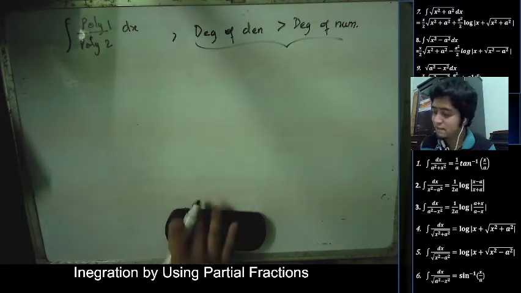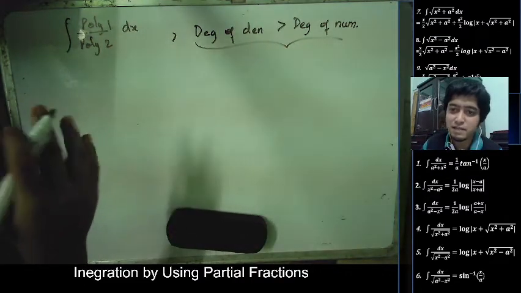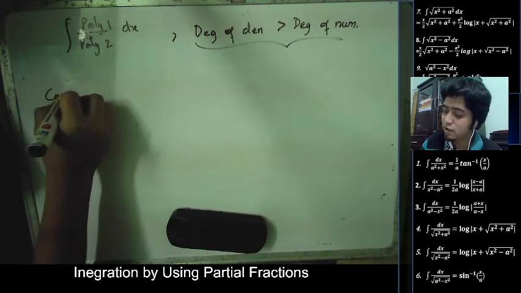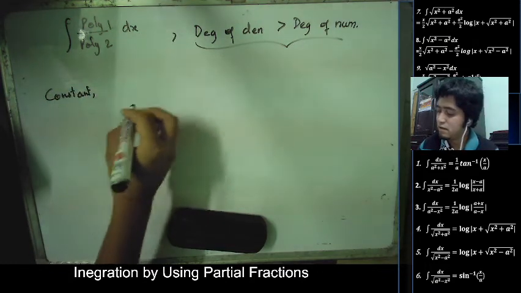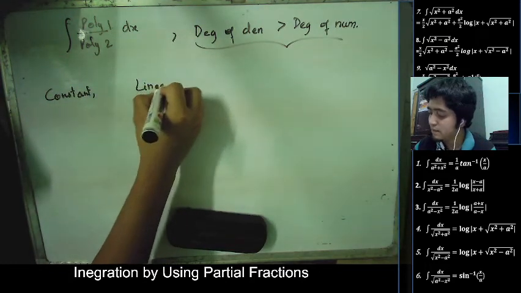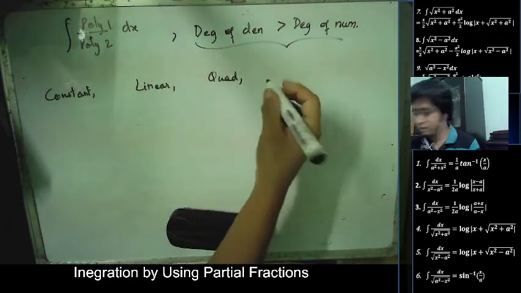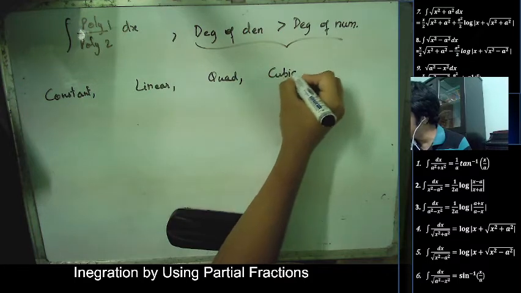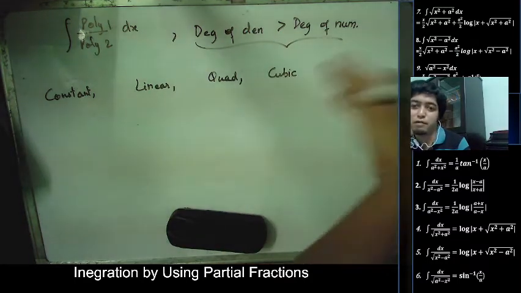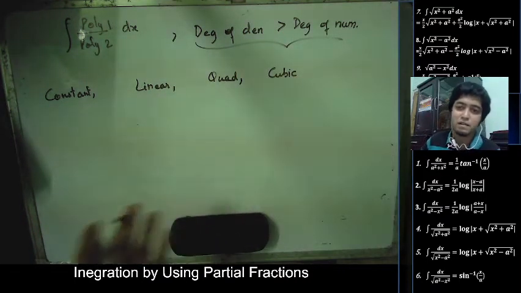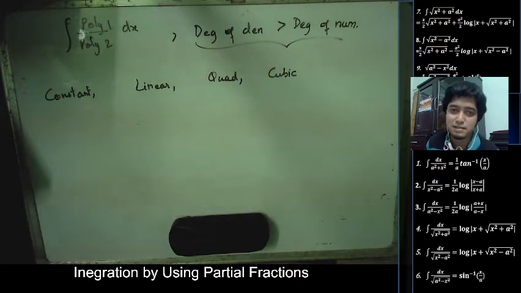Since this one is based on polynomials, we will be needing constant polynomials, linear polynomials, and also quadratic. If needed, we will also be requiring cubic, power 4, power 5 polynomials, that depends.